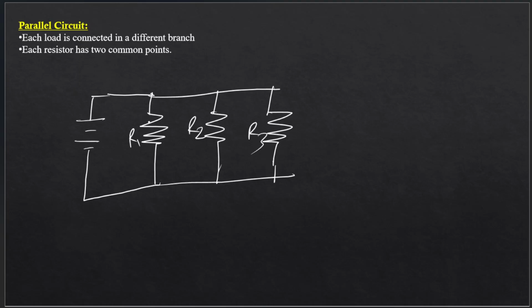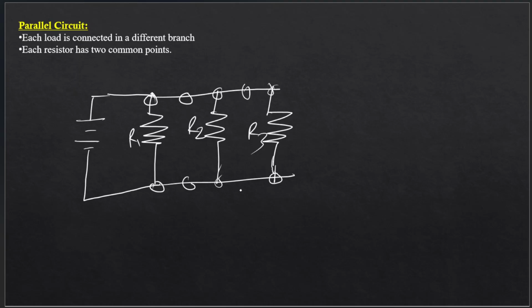As you can see, each resistor is an individual branch in itself. They're not connected end to end, not connected in series. They're connected in separate branches altogether. Considering the endpoints of each resistor, now we have the differentiating factor between series and parallel circuits: in parallel circuits, every two resistors have two endpoints connected together, so two common endpoints.